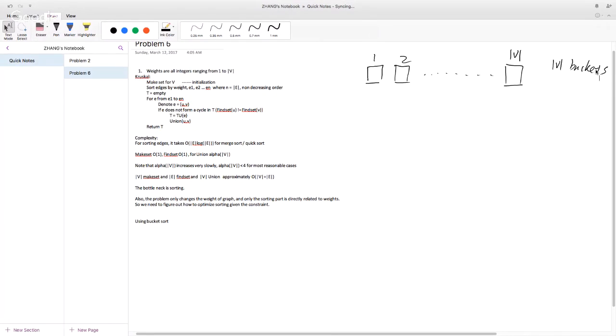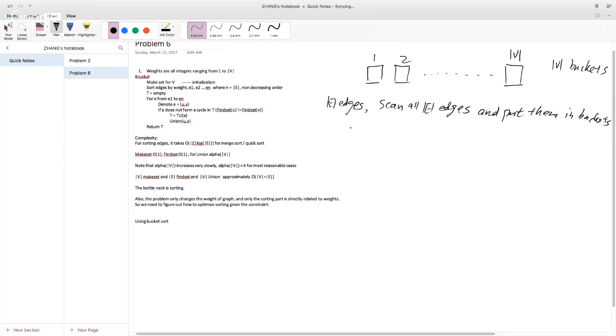We have an array of E edges. We scan the E edges and put them in buckets.